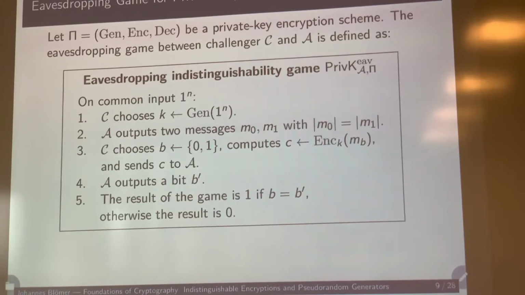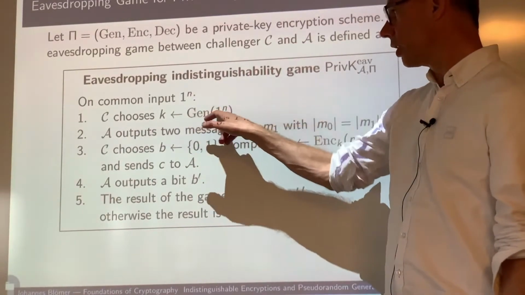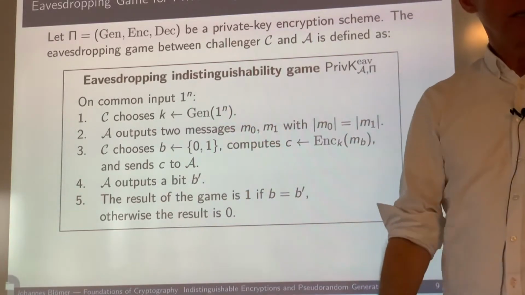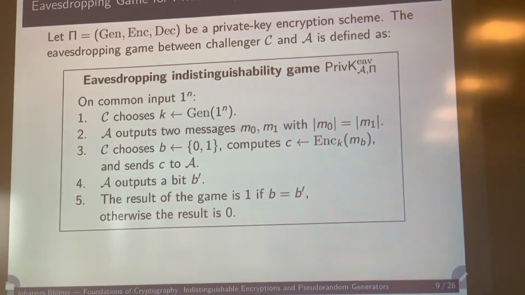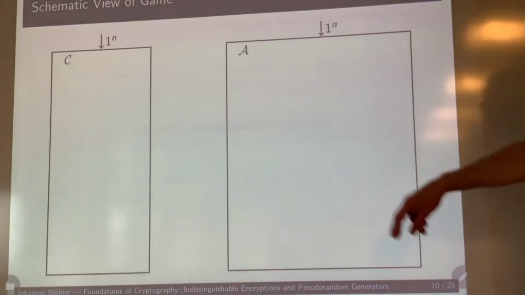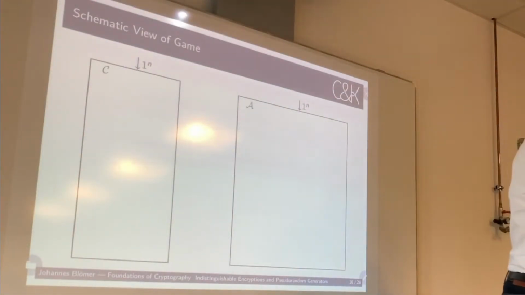That's as before. So there are 2 differences. We have here the key generation, with the common input, and we have here that the message length has to be the same. And we can visualize this as before. In addition, here this is a common input and comes from outside. Then C chooses this key.